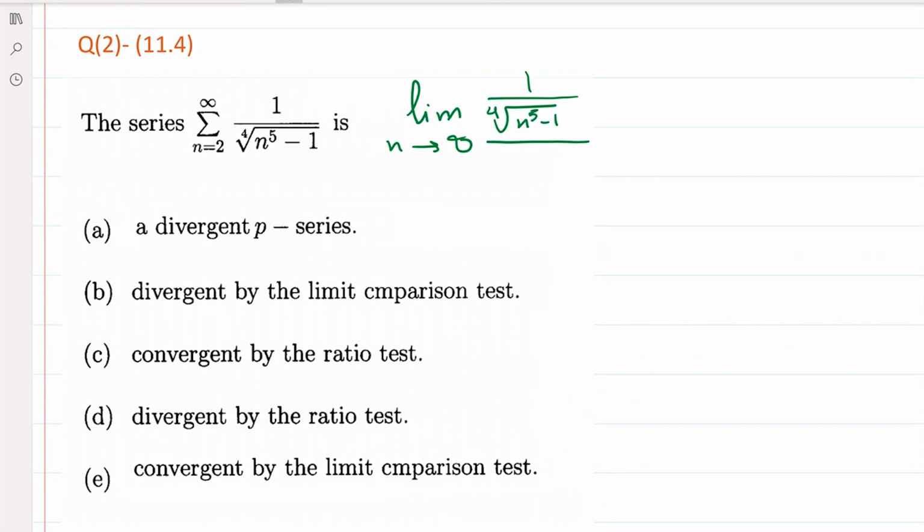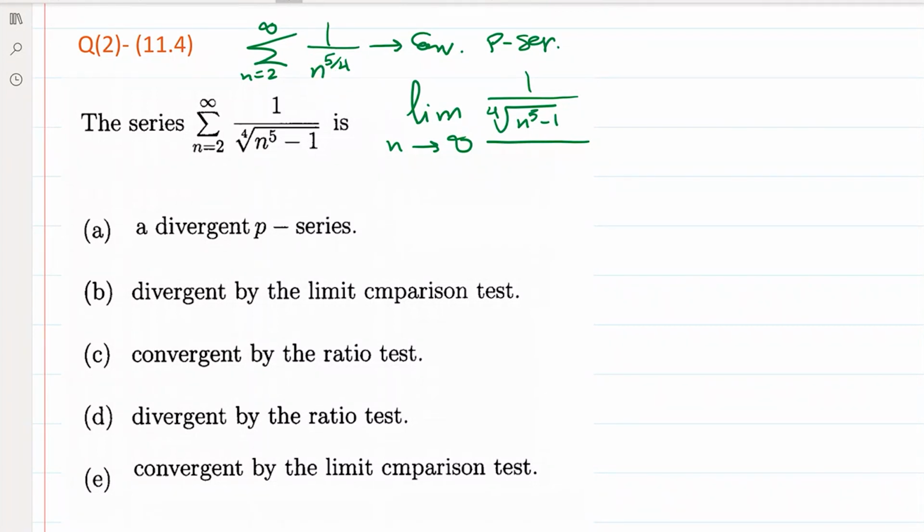I will compare it with the sum of 1 over n to the power 5 over 4, from n equals 1 to infinity, whatever. I know that this is a convergent p-series, because the p here is greater than 1.